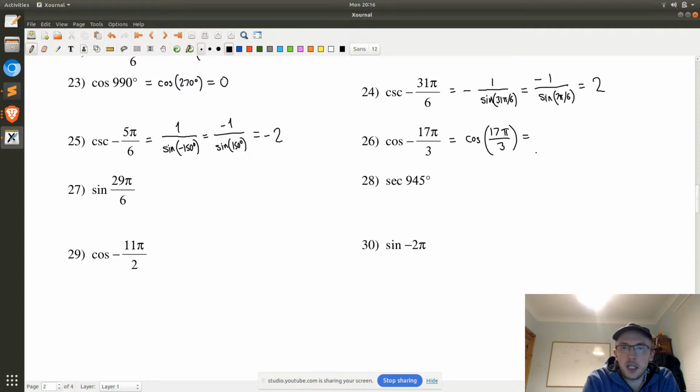Well, 17 pi over 3 is 5 and 2/3 of pi, and therefore subtract 4 pi, and then you get 1 and 2/3 of pi, which is 5 pi over 3. So it's asking for the cosine of 5 pi over 3.